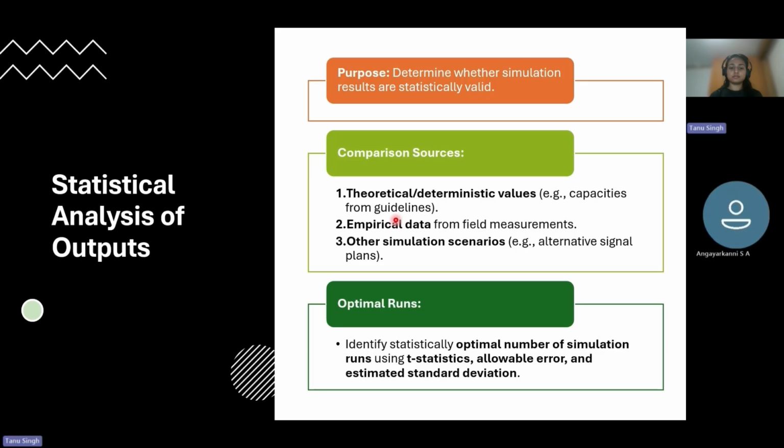This helps us to compare the statistical output of the model. And we also calculate the statistically optimal number of simulation runs using t statistics, allowable error, and estimated standard deviations. This ensures our conclusions are robust and are not based upon random fluctuations.